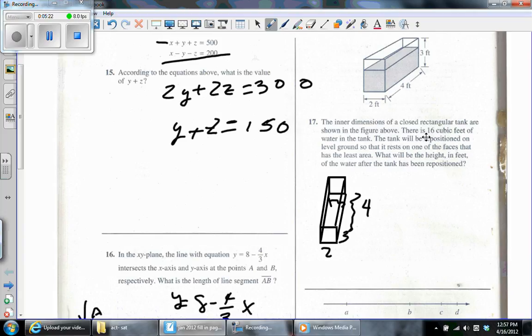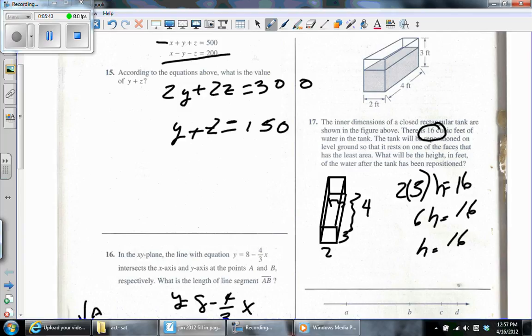So I know that there are 16 cubic feet of water, so 2 times 3 times h, the height, is 16. So we have 6h equals 16, so that means h has to equal 16/6, or 8 2/3, whichever you want to write.